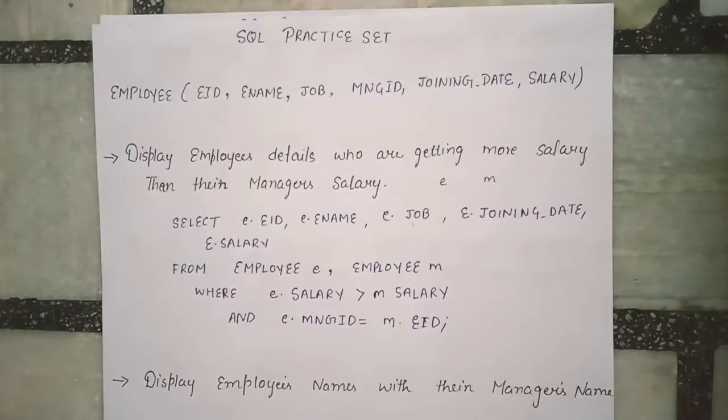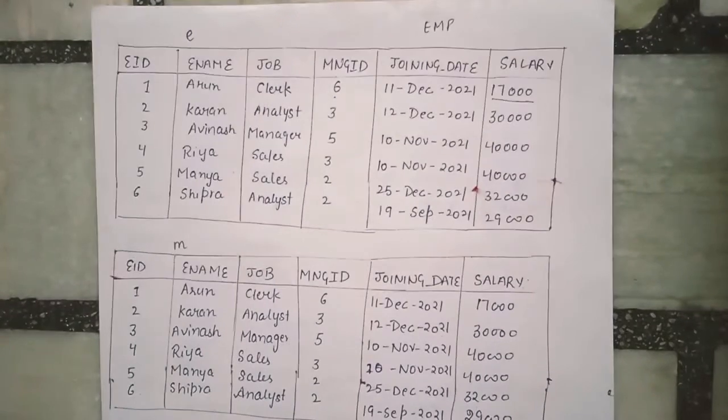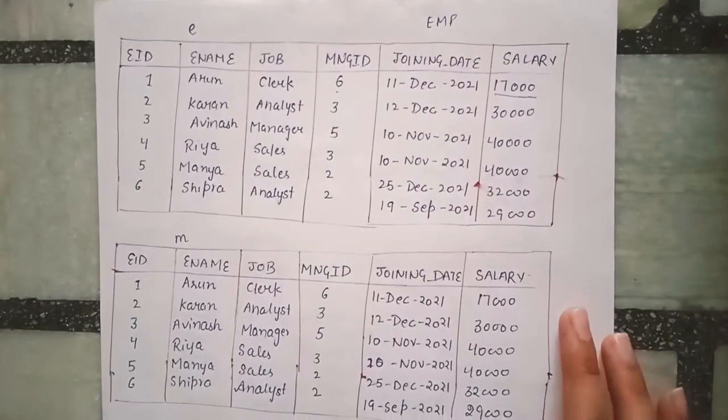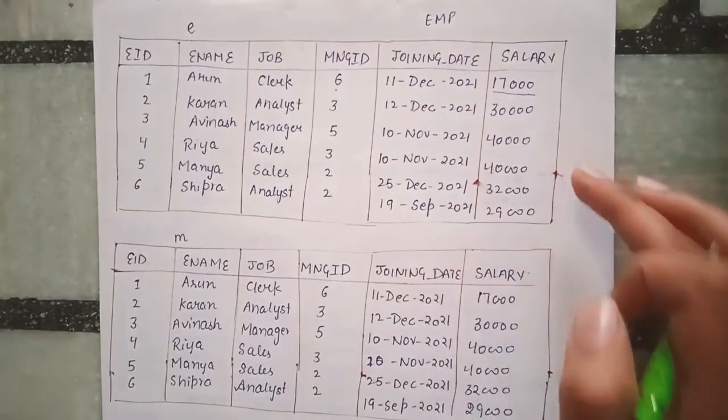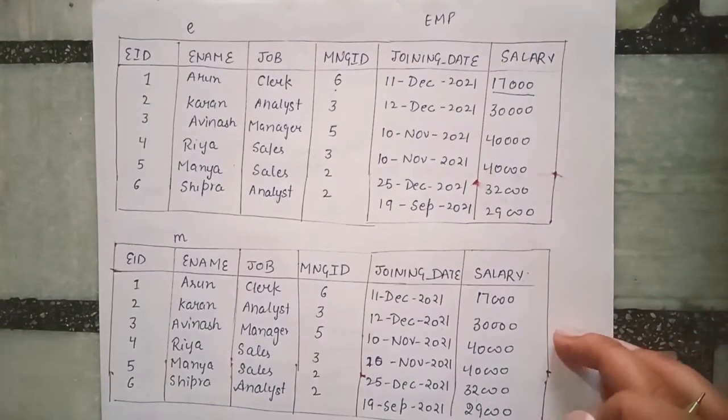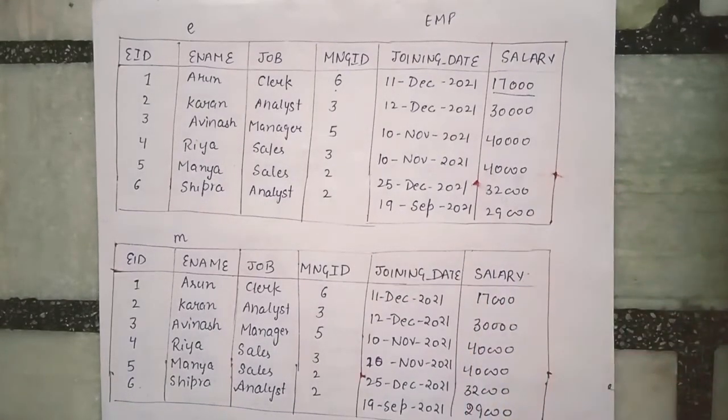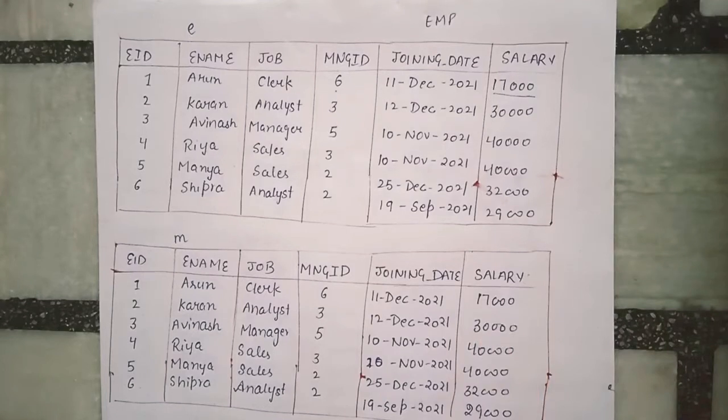Now let us discuss briefly the working of this query. These are the two instances that we have taken: an instance of E and an instance of M. Both are the employee table. As I told you, we have used two conditions. What is the first condition?